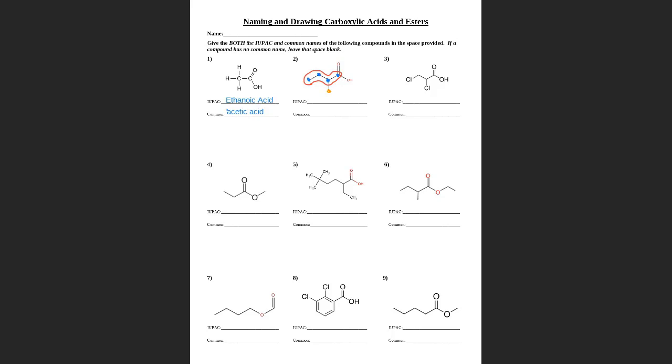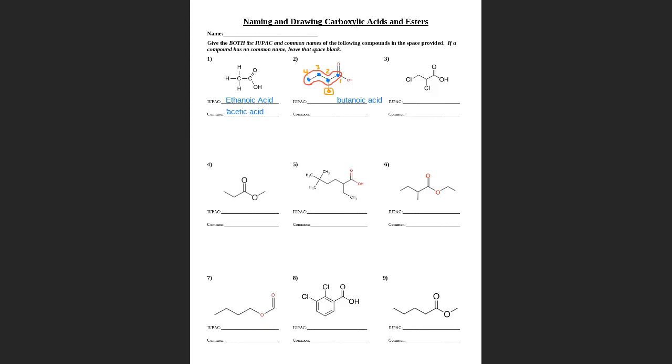However, there is a branch here, and so we are going to have to indicate where that branch is. We start numbering from the side closest to the branch. So this would be carbon number 1 right here, so 1, 2, 3, and 4. So 4 carbons. And the 1-carbon branch appears to be on carbon number 2.